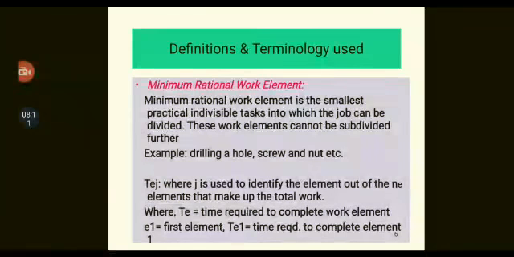E1 is nothing but the first element, E2, E3 and it goes on. TE1 is nothing but the time required to complete element 1.